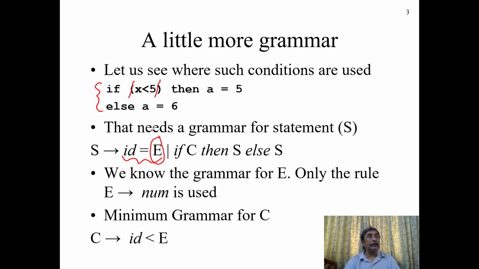So underneath this E there will be a parse tree which will generate an expression, and the value or the placeholder of that expression will be assigned to id. The other is the simple conditional statement: if C condition, then a statement, else a statement. Whether this grammar is ambiguous or not, that is not my question as of now. We can work with ambiguous grammars to understand the basics of intermediate code generation.